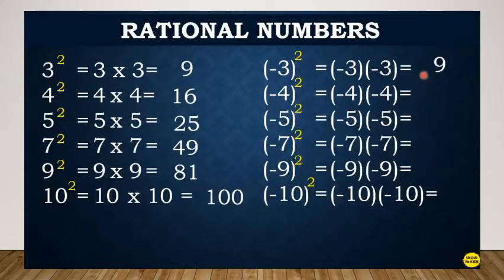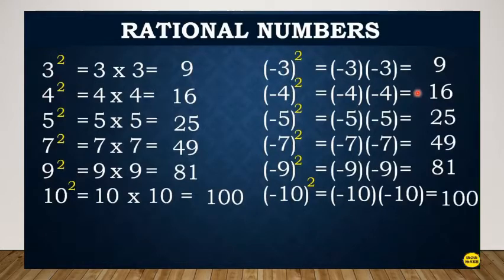We can get positive 9. Why positive? Because they have the same sign. So when we are multiplying numbers or integers with the same signs, the product is positive. Same as the others. So we will get 16, 25, 49, 81, and 100.